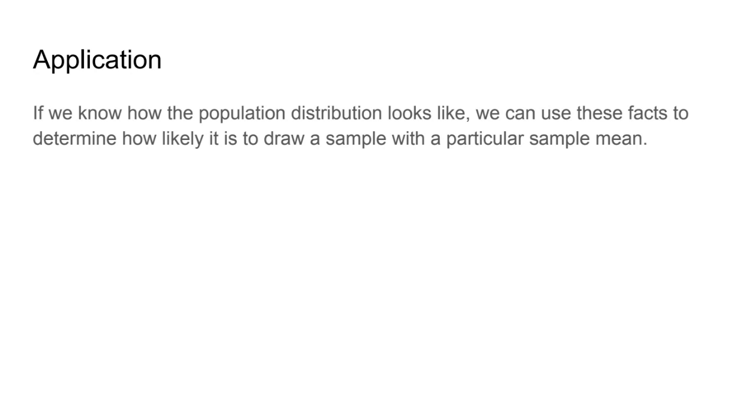And as I hinted at before, this can be useful for thinking about whether our assumptions about a population are right. If we expect a sample to have a specific property and we find a sample that is very unlikely to be found, say we figure out that the probability to draw a sample with a specific sample mean is nearly 0, and then we draw a sample like this, then that tells us that some of our prior assumptions might have been wrong. Or that we just ended up having a very unusual sample. That's also always a possibility.